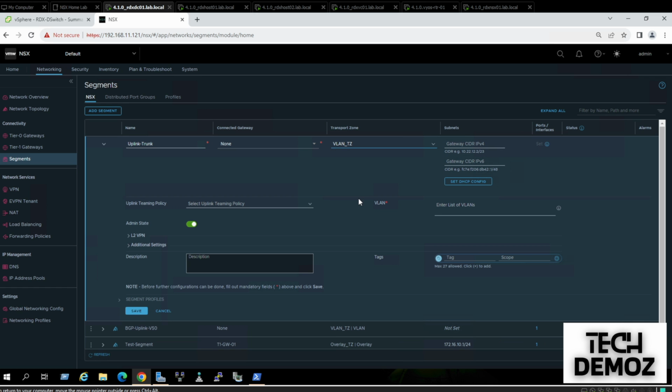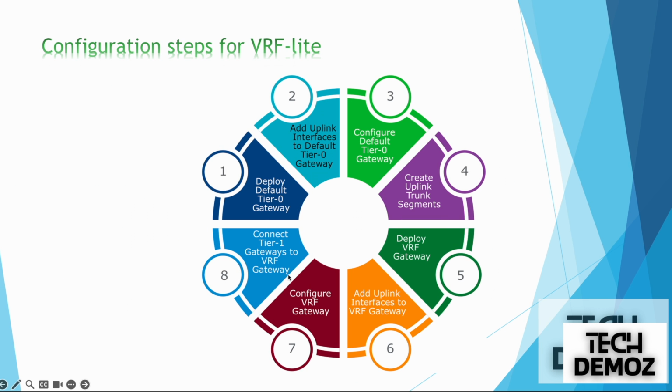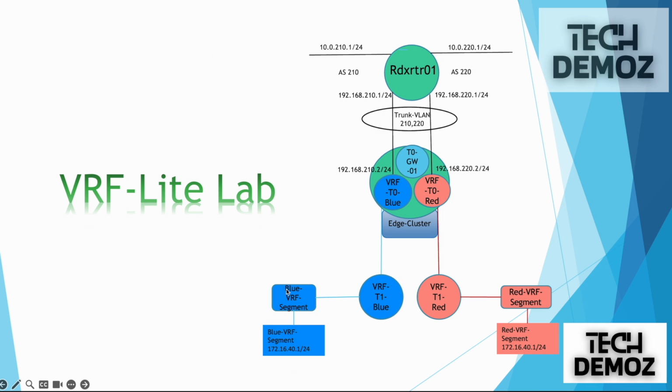It's a VLAN-backed trunk. Jumping to the topology which we have, the VLANs here are 210 and 220. The idea is that I'm using exactly the same numbering everywhere: 210 is also the AS, 210 is also the third subnet, and 210 is a VLAN. 220 is for the red side and 210 for the blue side.